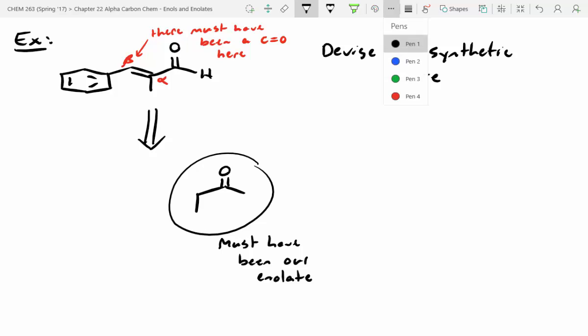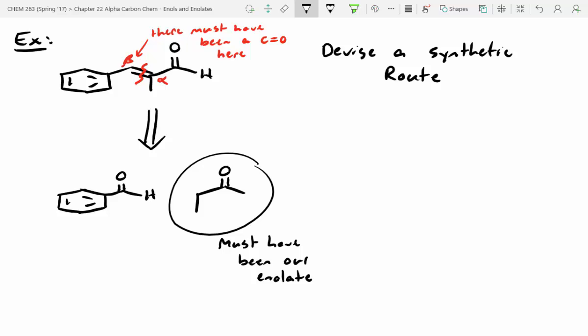Benzaldehyde, exactly. We know that this is the bond that we just made. We always make that alpha-beta bond. So in this case, it only has one carbon coming off of the benzene. And in this case, this could act as our electrophile.